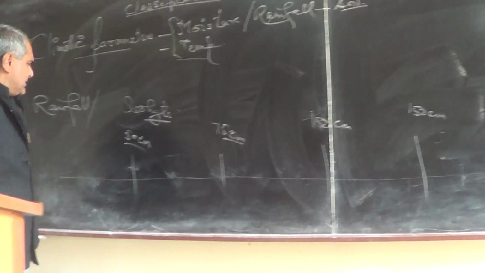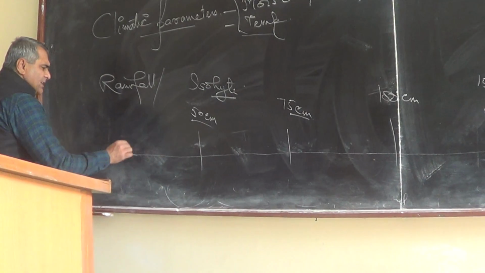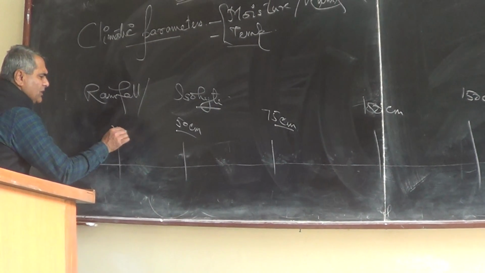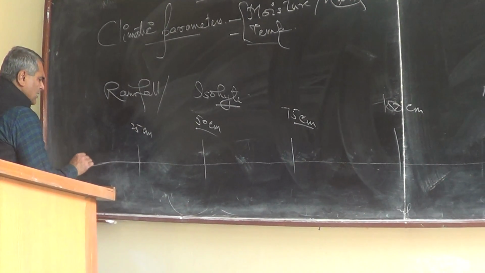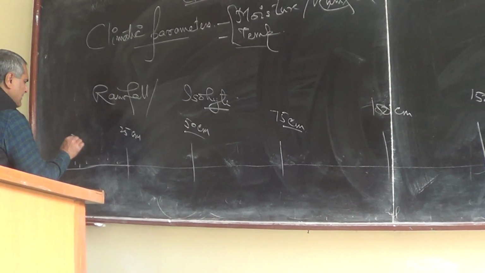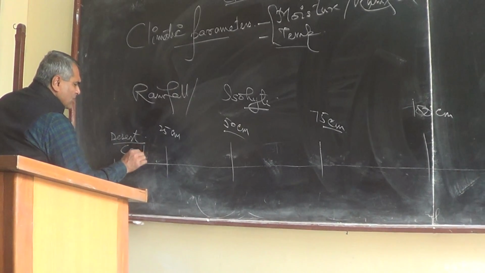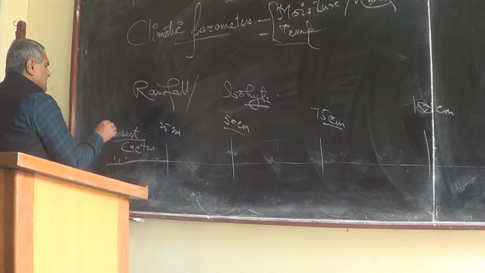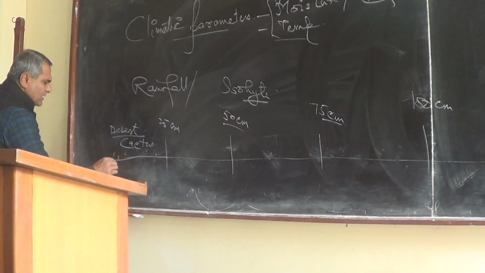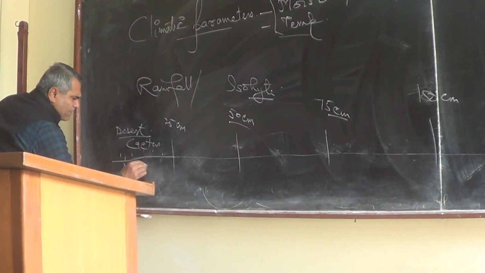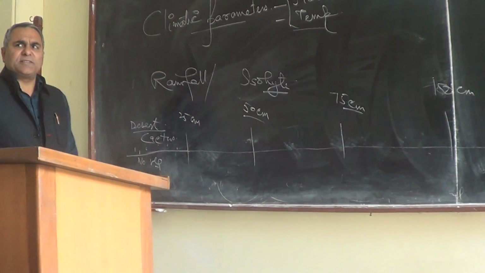If it is less than 25 centimeter, this is only desert. In desert only cactus can survive. No vegetation in true sense.